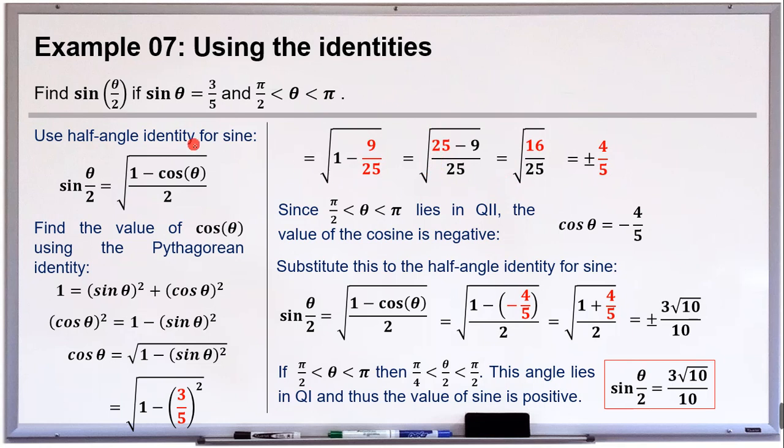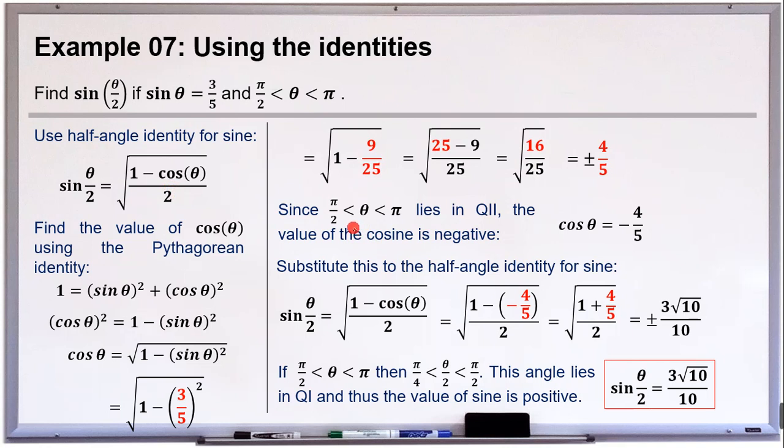Since the half angle formula has a radical expression, you will expect two answers. And in order to select whether the positive or negative answer, try to refer to the given interval, if there is a given interval.